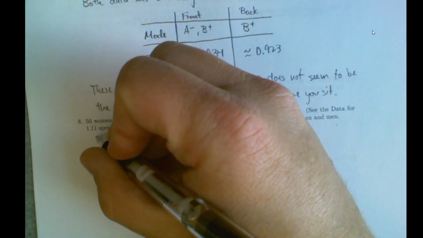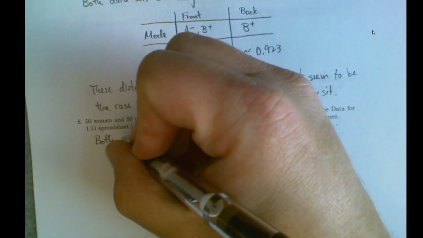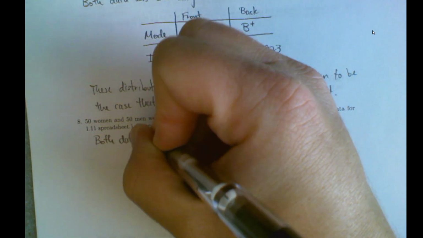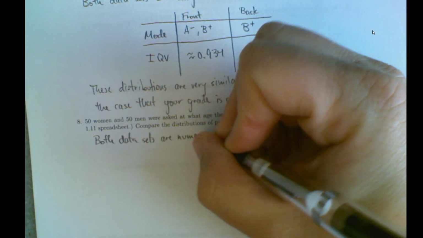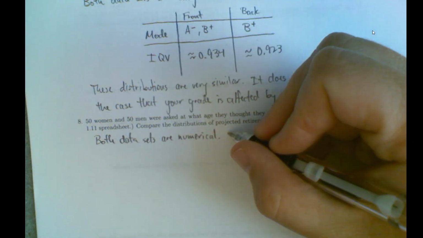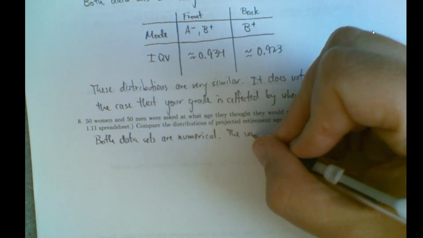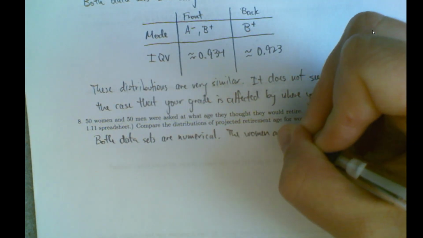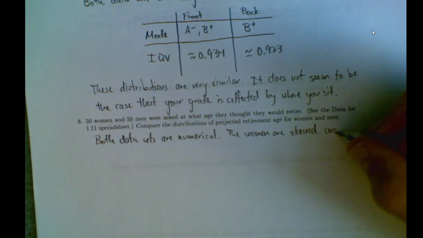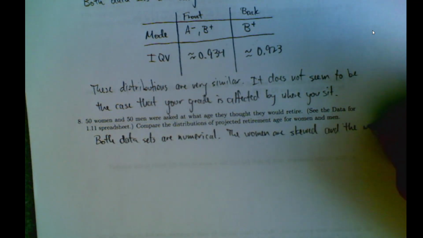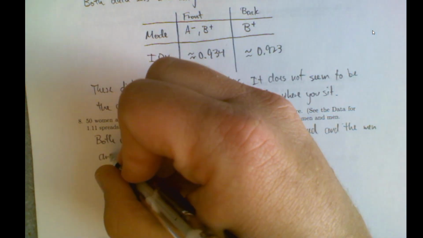So both data sets are numerical. The women are skewed, and the men are symmetric.